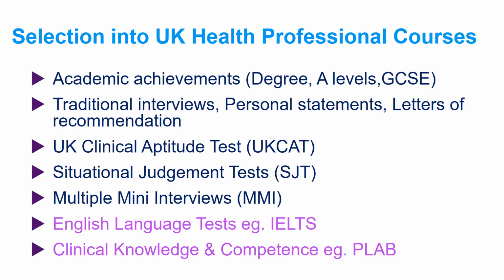Situational Judgment Tests or SJTs, used for example for entry to the UK Foundation Programme following graduation from medical school. Multiple mini-interviews, which are now widely used and relevant to all professions. MMIs have replaced traditional interviews for entry to many UK medical schools.